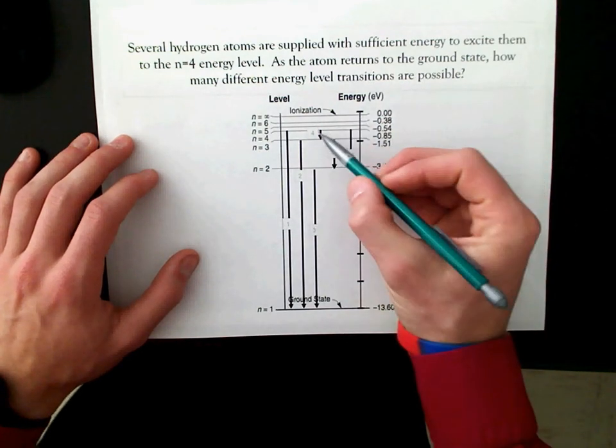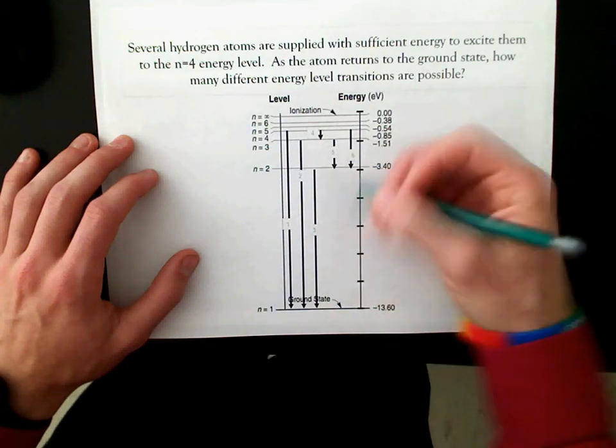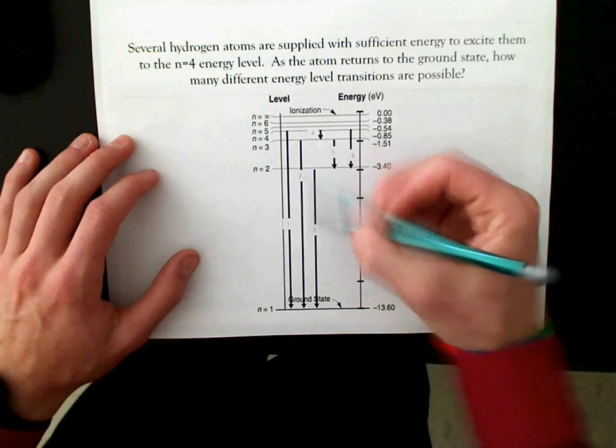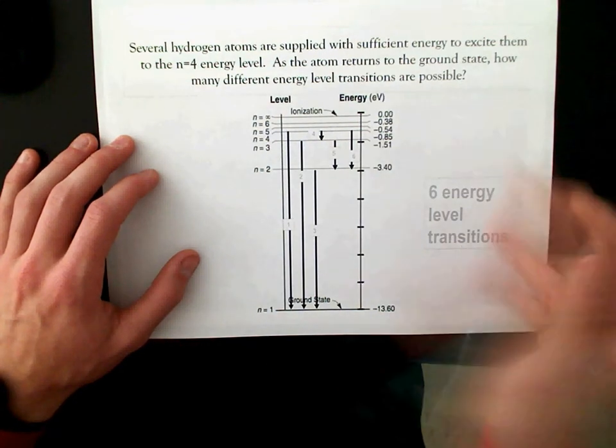We could go 3 to 2, 3 to 1. We could go 2 to 1. So there's actually 6 energy transitions possible just within hydrogen. And hydrogen is the most simple atom to look at. So imagine how many different energy transitions there are in all of those more complicated atoms.